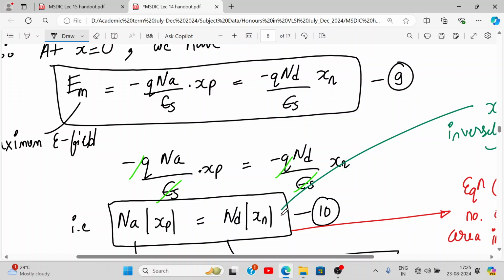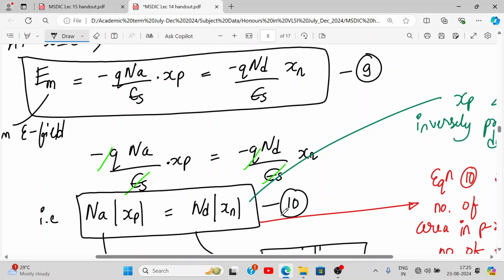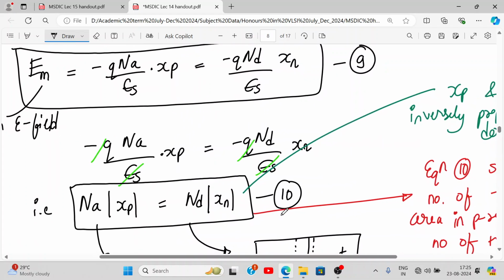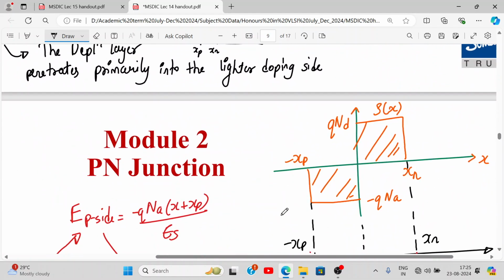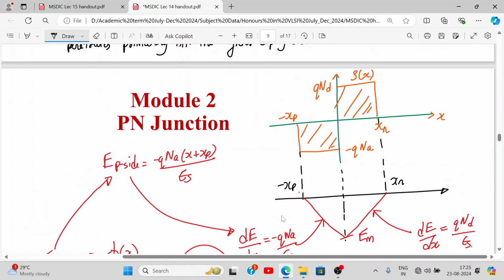We can have numericals on this also, or conceptual ones. So you need to draw this. The first diagram is space charge versus distance, and the second diagram is electric field versus X. Please draw this profile.